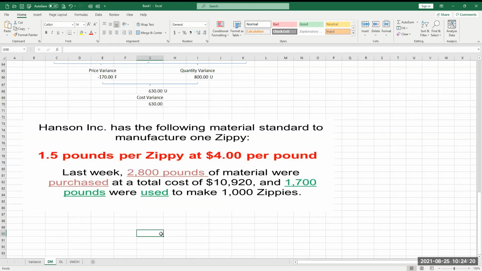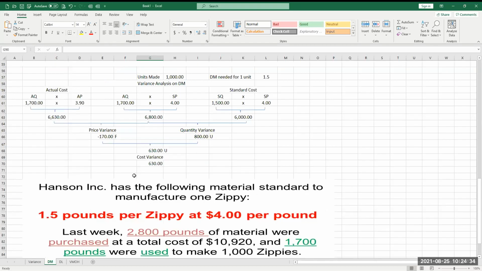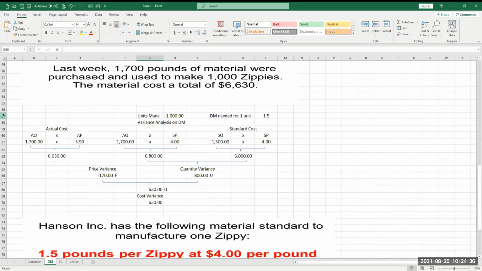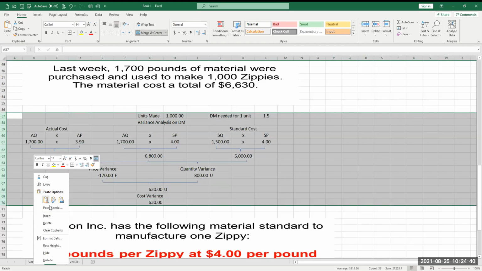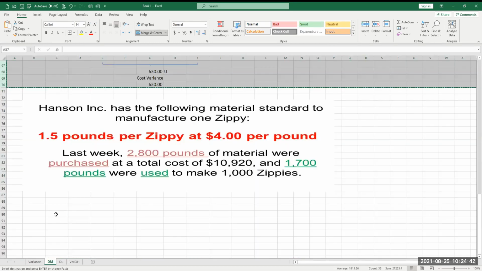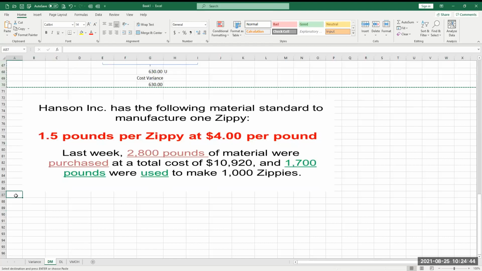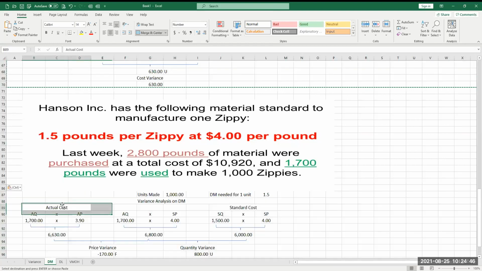The difference in the questions came from the material that we purchased and the material that we used. So how are we going to do the analysis? We're going to do the analysis in two steps. I'll show you right now. Let's flip this information here.